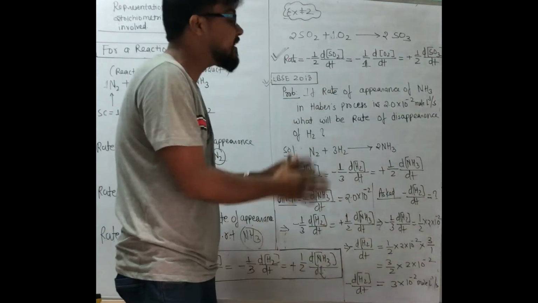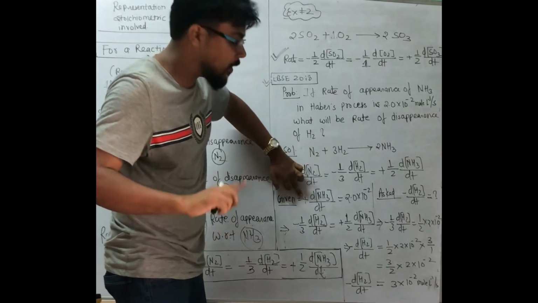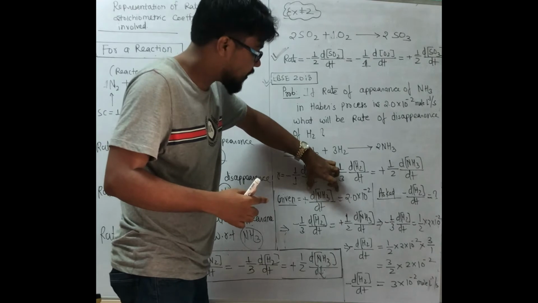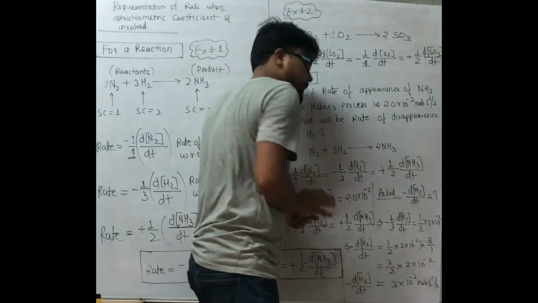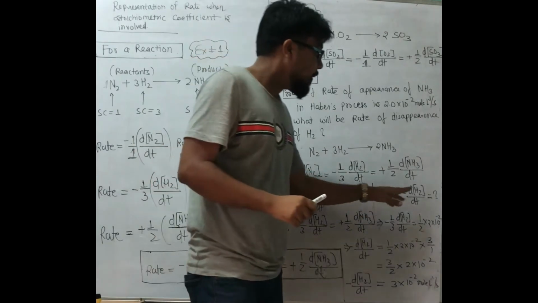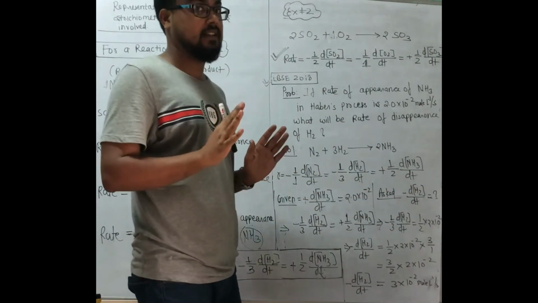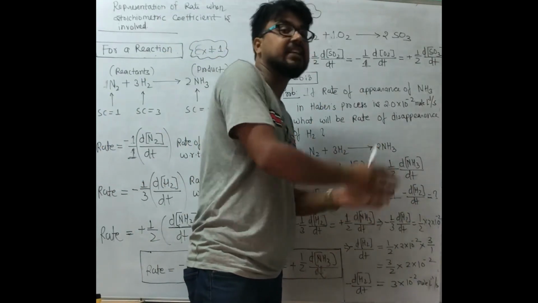This value comes directly from the question. Plus rate of appearance is for ammonia. What is asked? Rate of disappearance of H2, that means minus d[H2]/dt is asked in this problem.